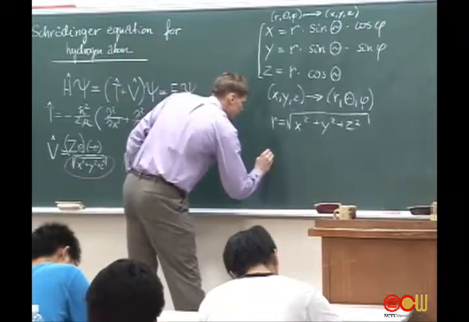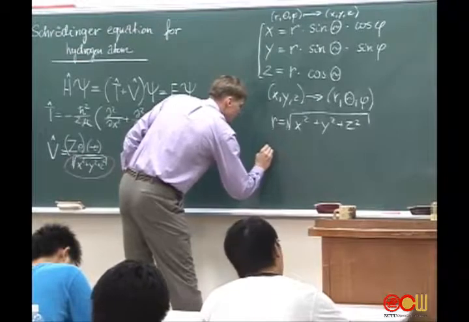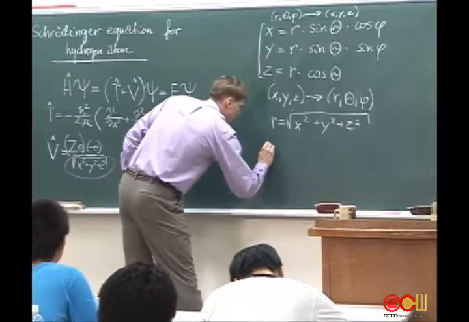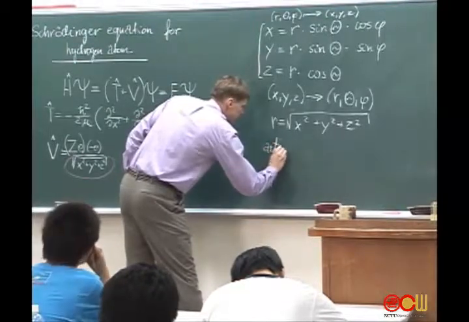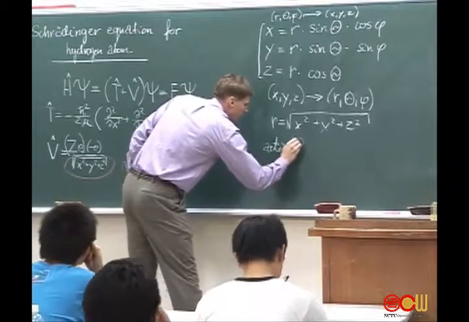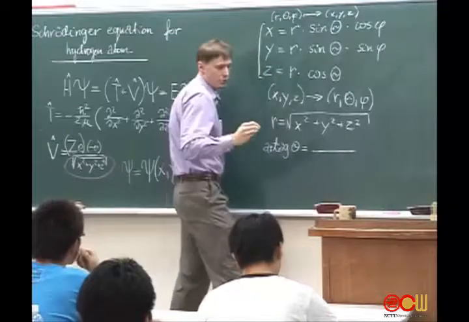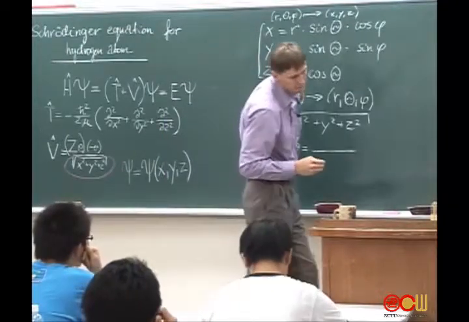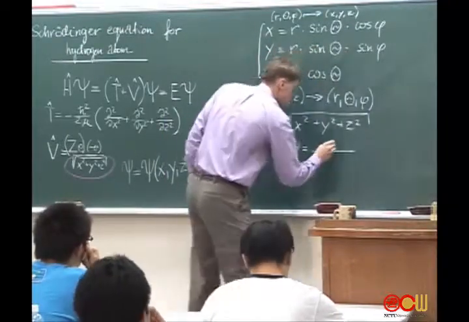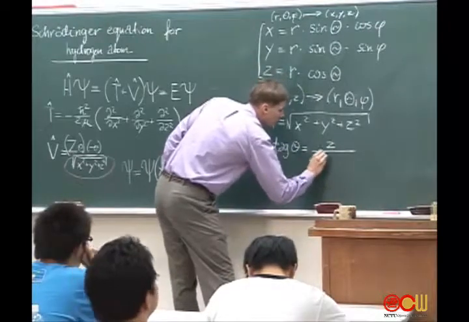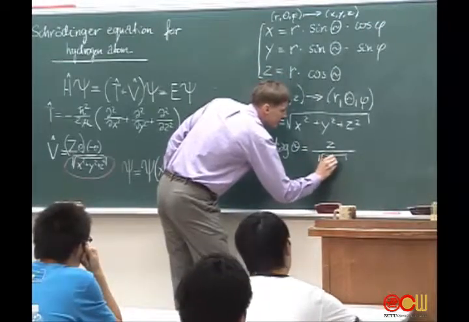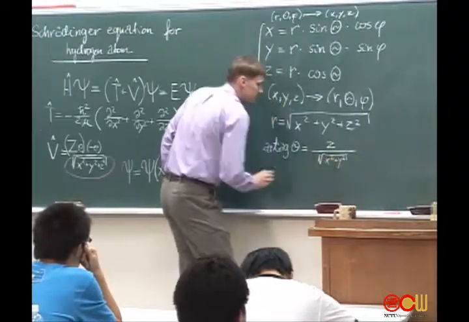You can find that arctangent of this angle is equal to the square root of x squared plus y squared over z.